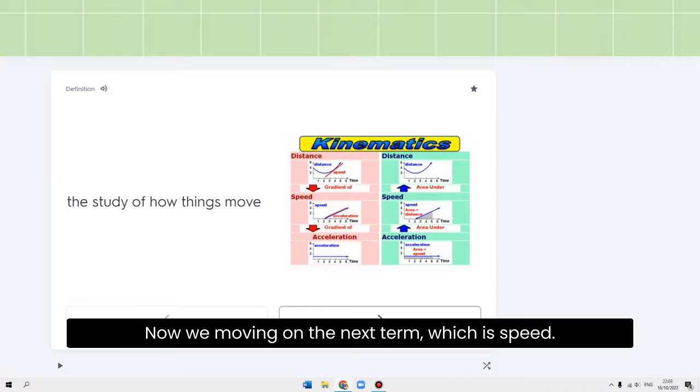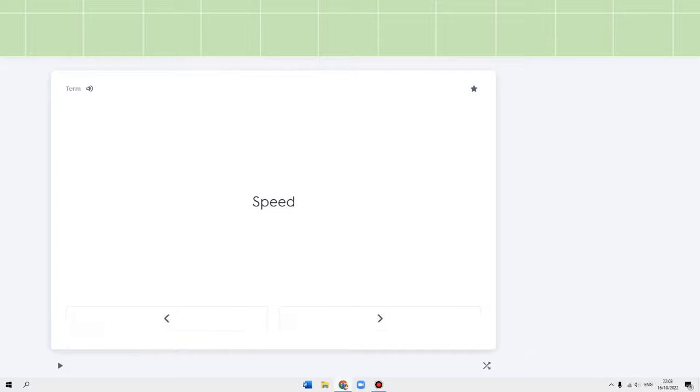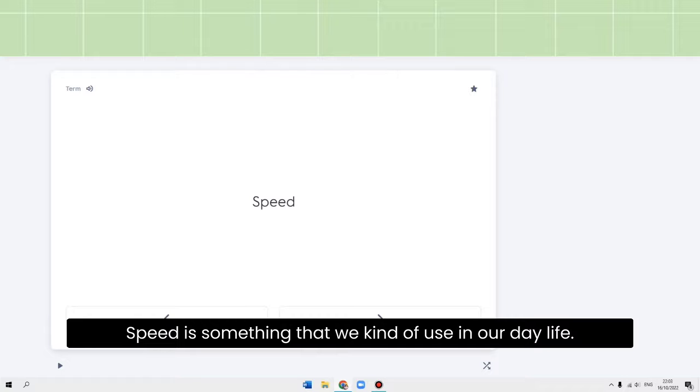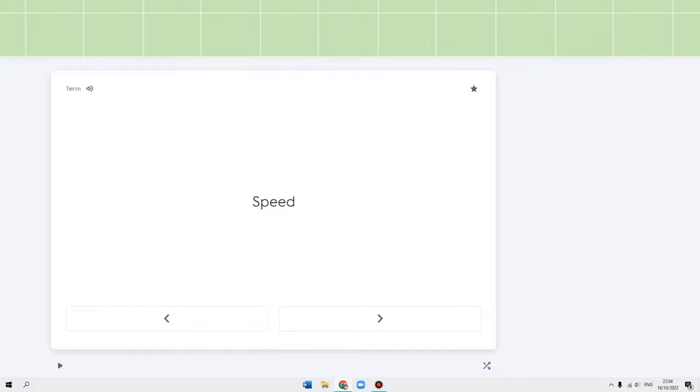Now we're moving on to the next term, which is speed. What is speed? Speed is something we use in our daily life. For example, when we ride a motorcycle to campus, the motorcycle has a speed reading on it, like riding at 40 kilometers per hour.